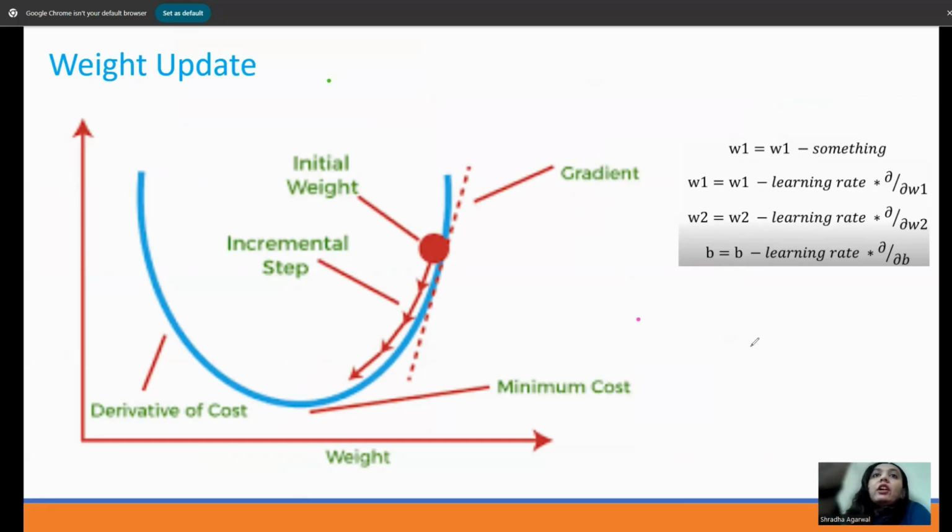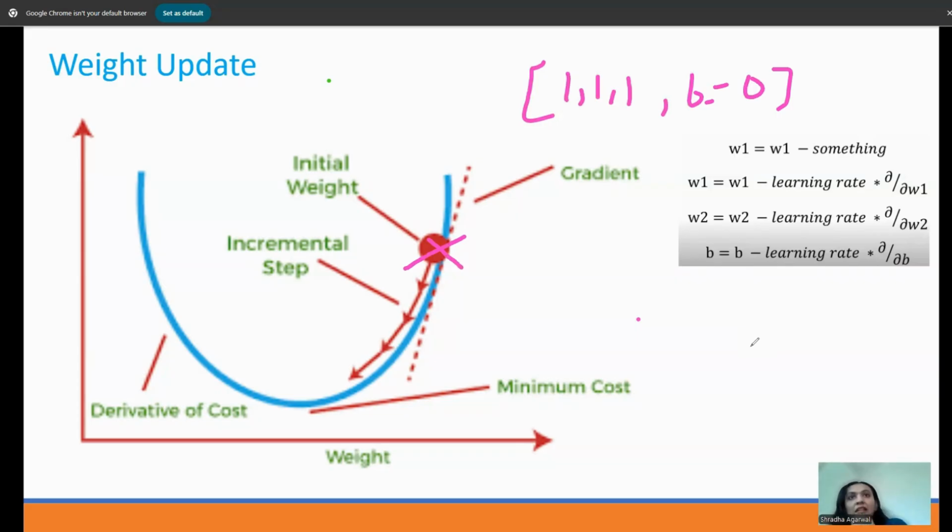Guys, when you got the error, maybe when you started with your weights initially as 1, 1, 1 and your bias as 0, you are somewhere so high on your curve. This is your initial weight when you started training. Now you want to go here. That is the idea. And that is where the choice of optimizer comes.